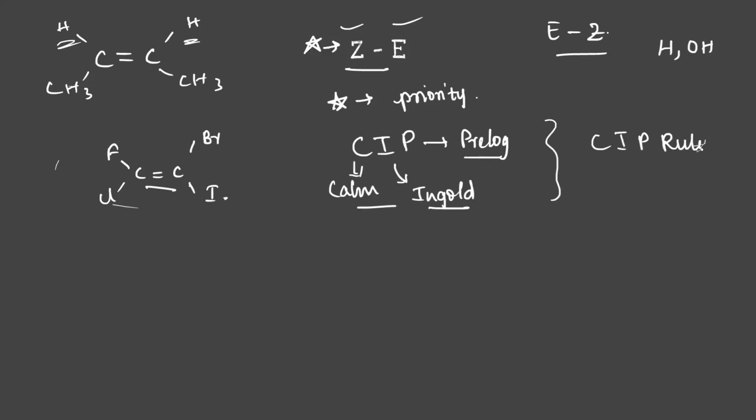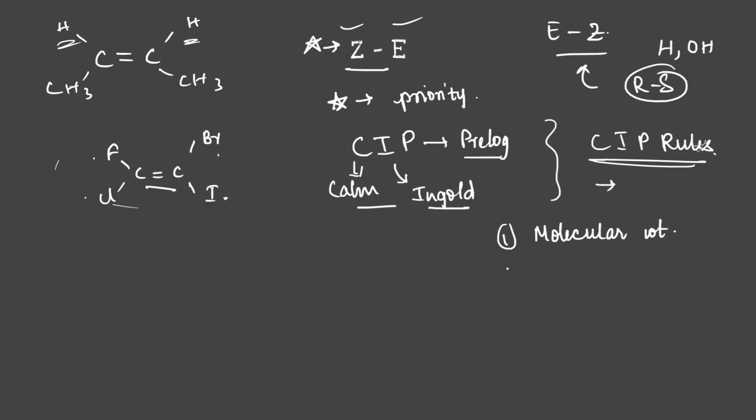In the CIP rules, it mentions how to give priority to different groups. They gave it for RS configurations, but that was extended to EZ. Now, listen here. You have four different groups: fluorine, chlorine, bromine, iodine. How do I give priority? I'm going to condense the CIP rules so well that you can remember them. Number one, you have to check for atomic weight.